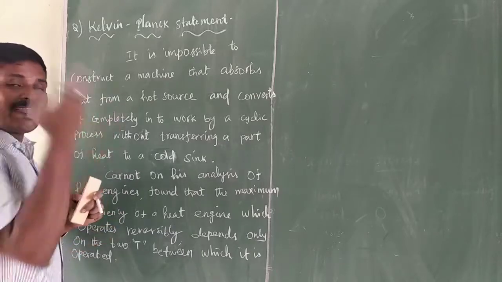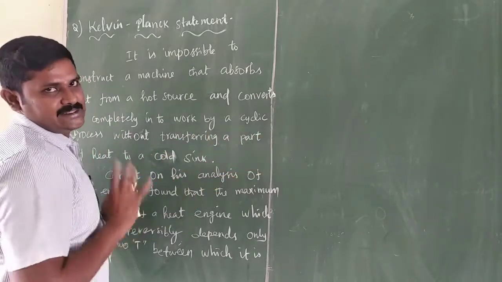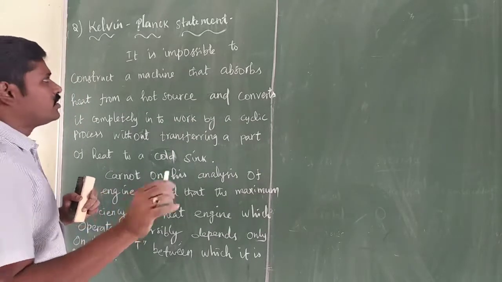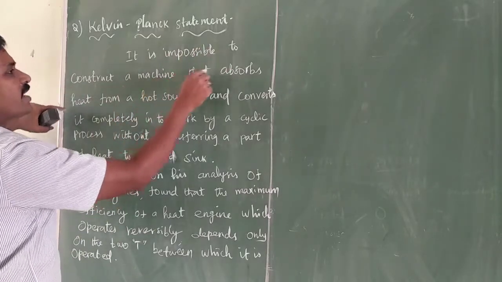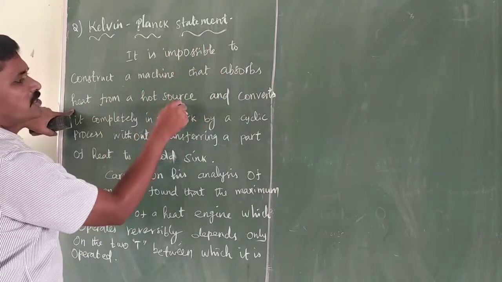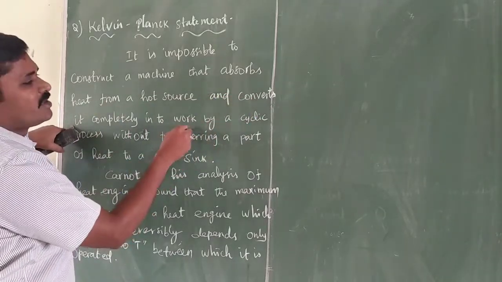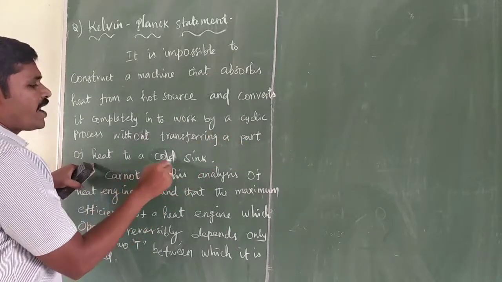Then the heat is used to cook rice. But it is impossible to construct a machine that absorbs heat from a hot source and converts it completely into work by a cyclic process without transferring a part of heat to a cold sink.